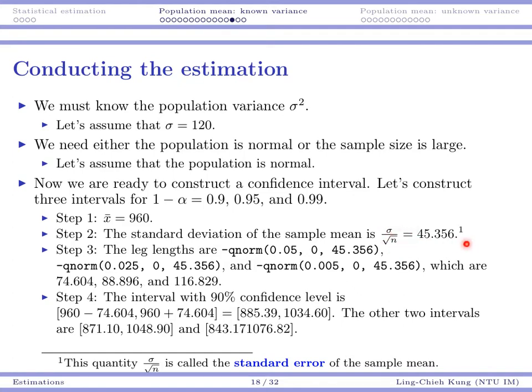You may calculate it as around 45. In general, this particular quantity is called standard error of the sample mean. Okay, so starting from now, when we say standard error, you are expected to understand that it is the standard deviation of the sample mean. Standard error is just the standard deviation of the sample mean. Okay.